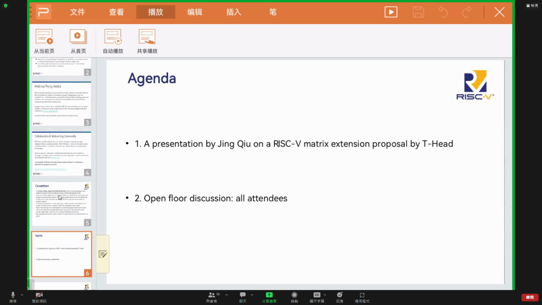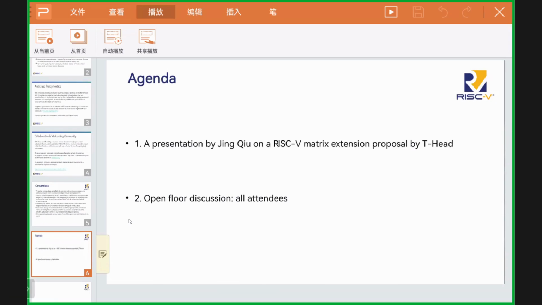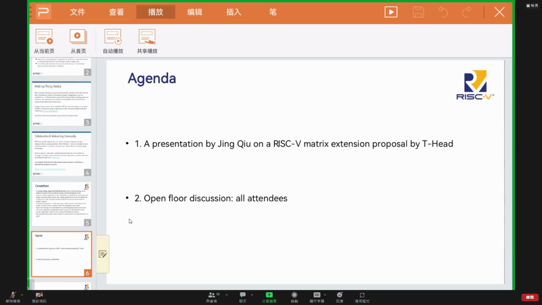Yeah, thanks. Since VLEN and MLEN are different, the memory interface is separated into a vector load store unit and a matrix load store unit, and we have vector load store instructions and matrix load store instructions. Our extension provides matrix load store to reduce memory bandwidth.